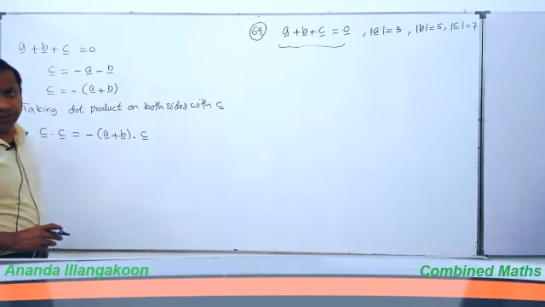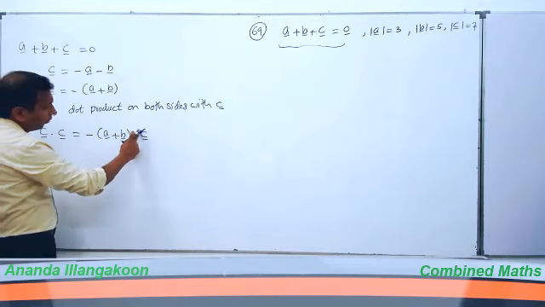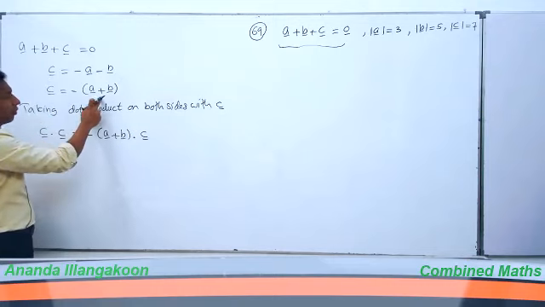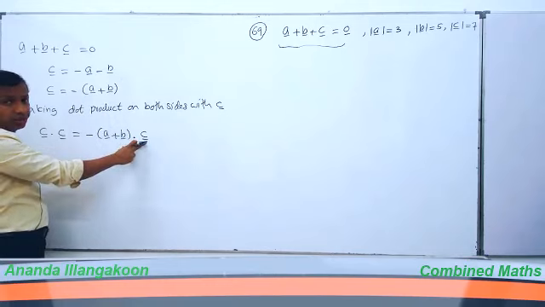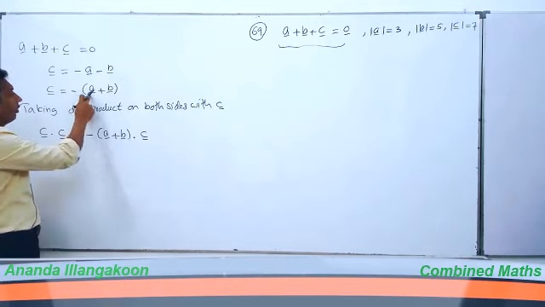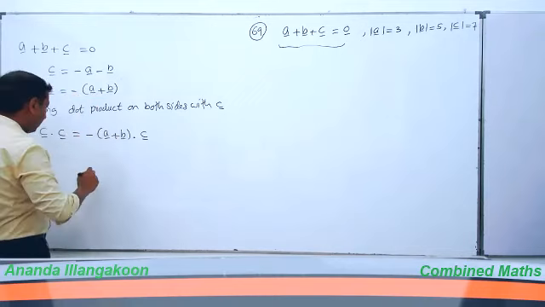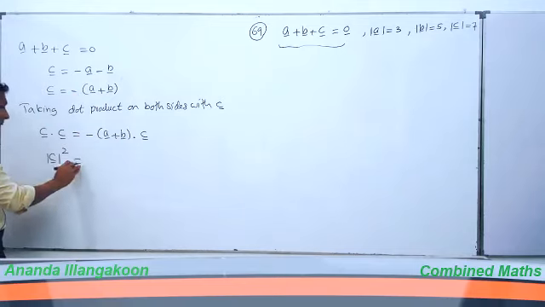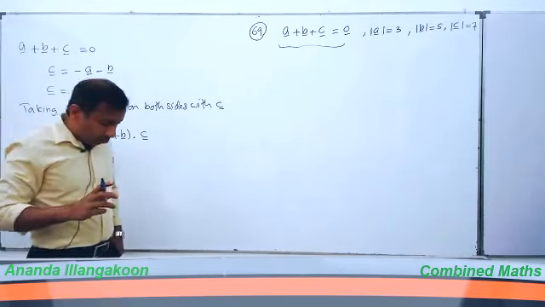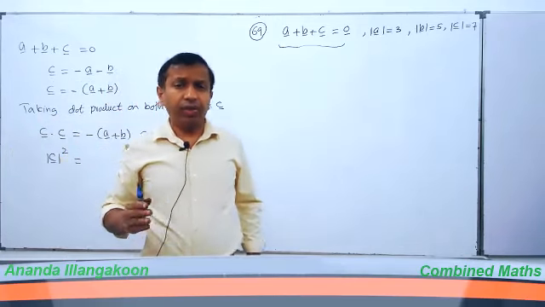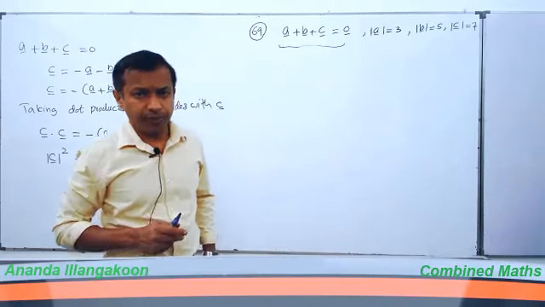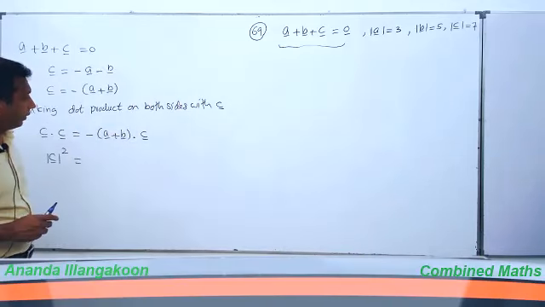Now, people, for this vector C, I can put again minus A plus B. Then C dot C. C dot C is what, people? Mod C perfect squared. We know when you take the dot product of a vector with itself, the modulus squared of that vector is the answer.